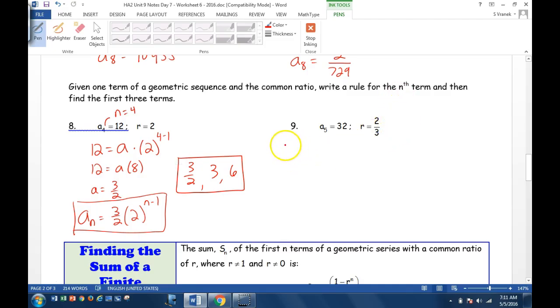We know that the value is 32 when we have a first term and then a ratio of 2/3 to the 5 is n, so 5 minus 1. So we get 32 is equal to a times 2/3 to the 4th, which is 16 over 81, I believe.